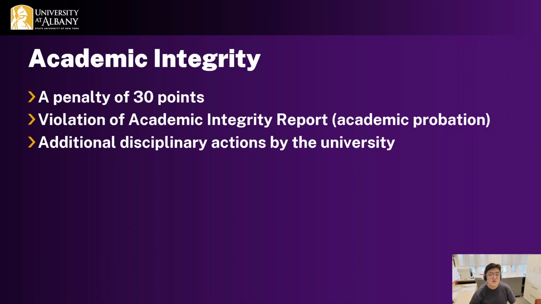Basically, you are going to fail with this penalty, and there will be additional actions like I will file the report. Then you may get academic probation. If you get this kind of report 2 or 3 times, you may be kicked out of the university. And there may be additional disciplinary actions by the university if your action is a severe violation.